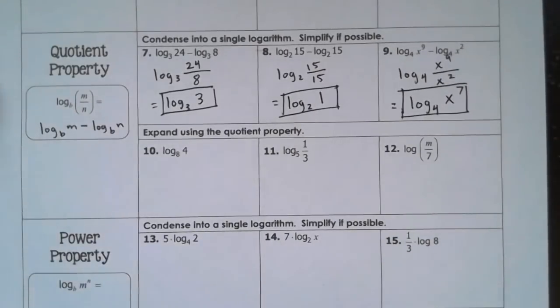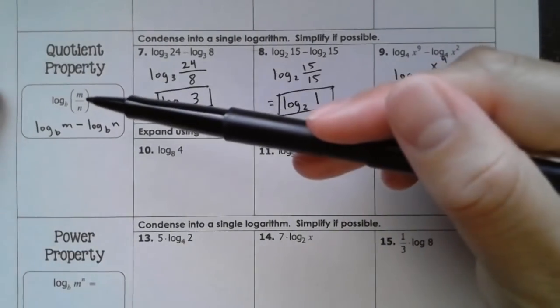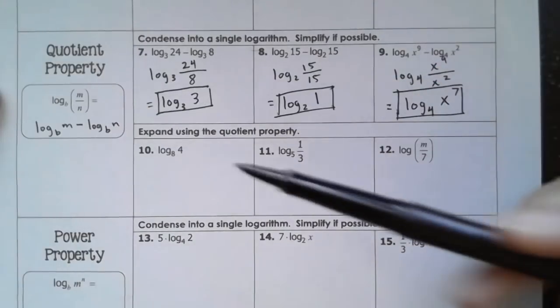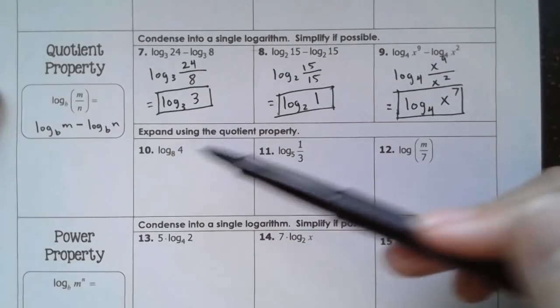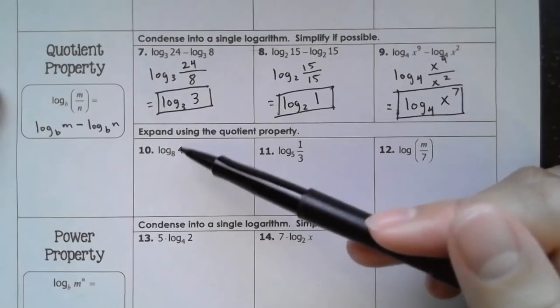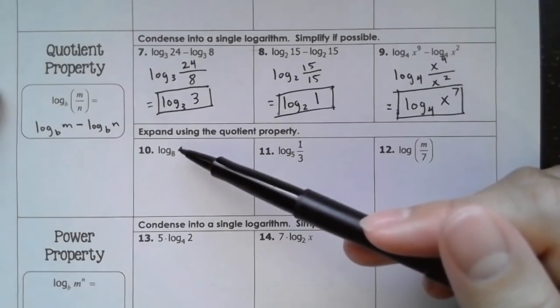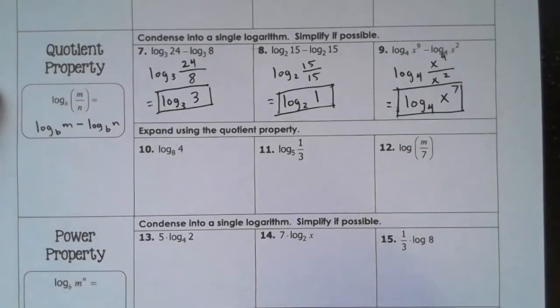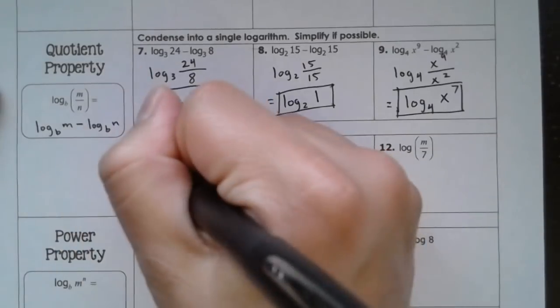For numbers 10 through 12, we're going from this form to the bottom form, so from division to subtraction. So for some of these values, well, actually just number 10, you're going to have to just assume that you can rewrite this one as some ratio. There's multiple ways you can express 4. There's an infinite amount of ways.